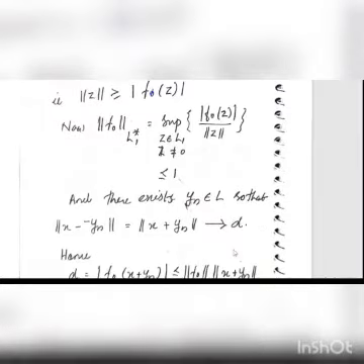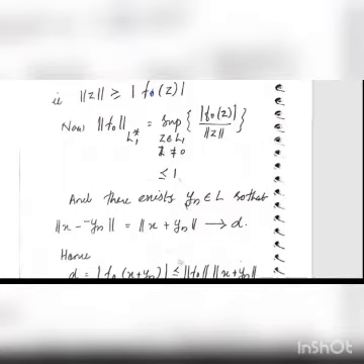Of course, you have found the distance between x and L to be d. Then we can evidently find the elements yn belongs to L such that norm of x minus yn, that is norm of x plus yn, converges to d.